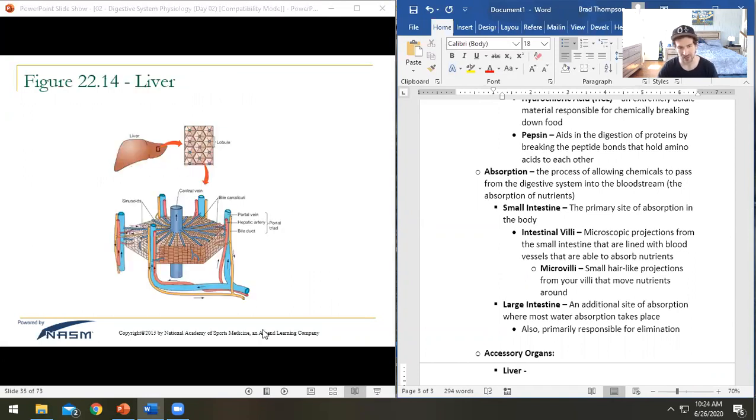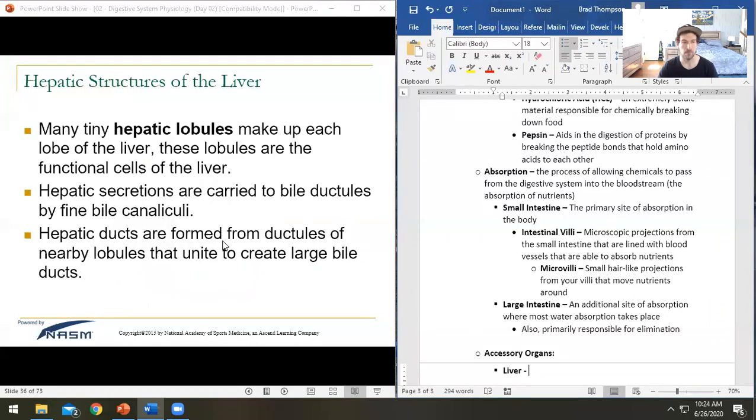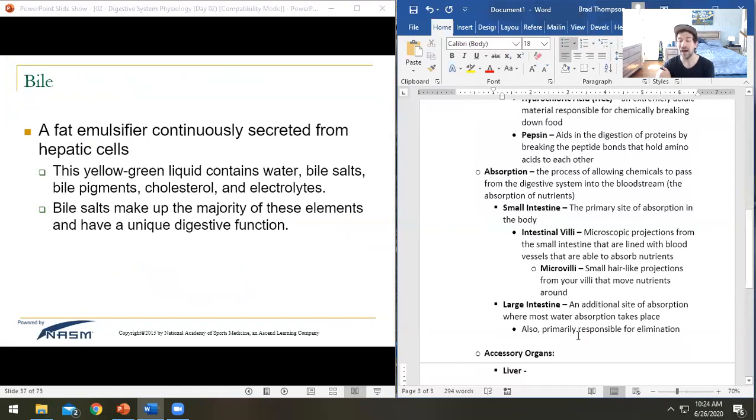So we always draw your liver as these little tiny lobules, and they are covered head to toe in blood vessels because blood needs to get into and out of the liver. Material needs to run through your liver like crazy. Those are able to create this material called bile.